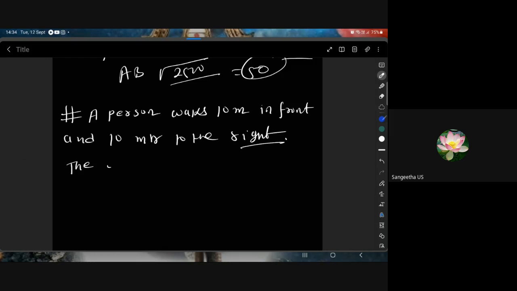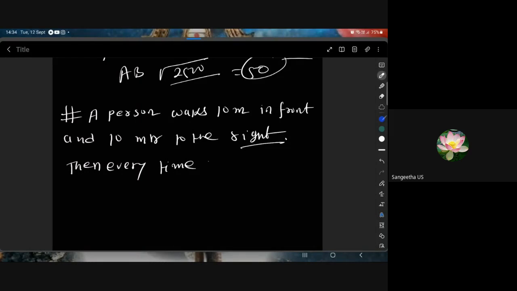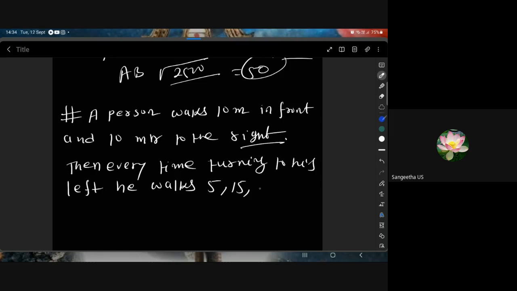Then every time turning to his left, he walks 5, 15, 15 meter respectively.